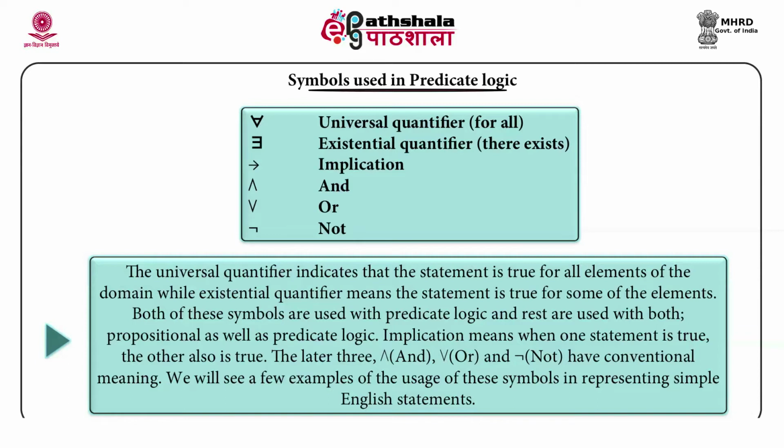And there are 2 more qualifiers which are used only in predicate logic, not in propositional logic. One is used for all and the other one is used for there exists. They are known as the universal quantifier and the existential quantifier. These 2 are very important ones used for most predicate logic problems that we talk about.